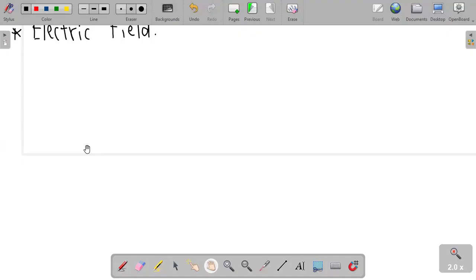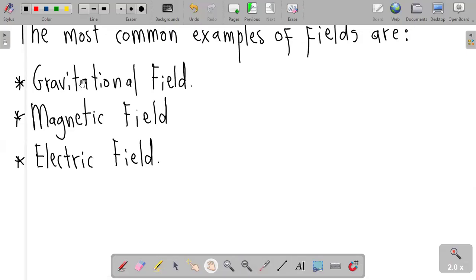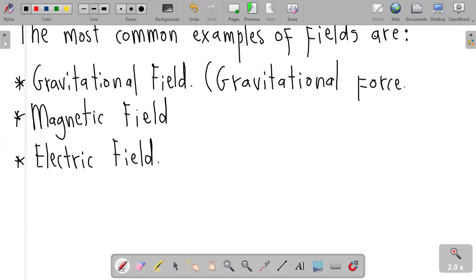So let us discuss the first type of field. The gravitational field produces gravitational forces. And then magnetic fields produce magnetic forces, sorry.